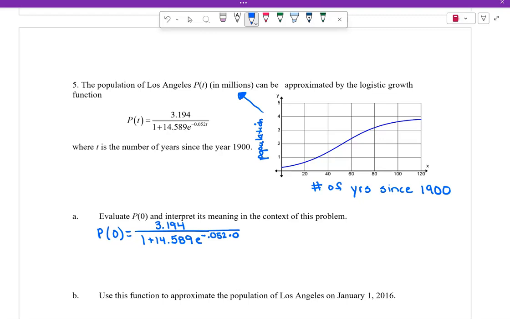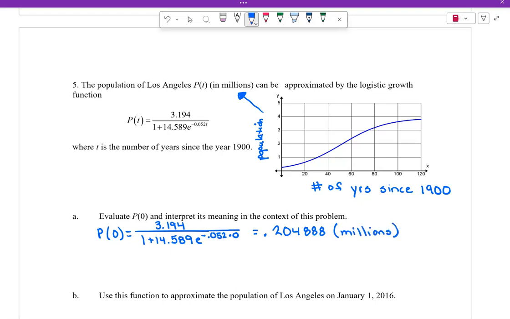So you can type that all in: 3.194 divided by, I'm going to put parentheses, 1 plus 14.589 e to the negative 0.052 times 0. And we get 0.204888.